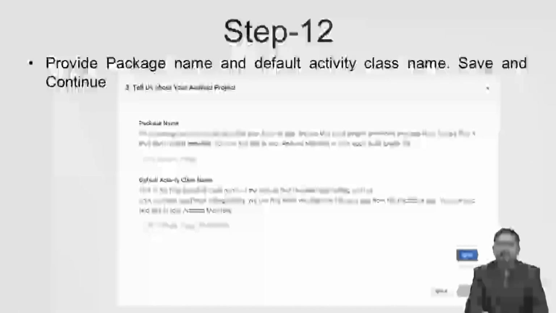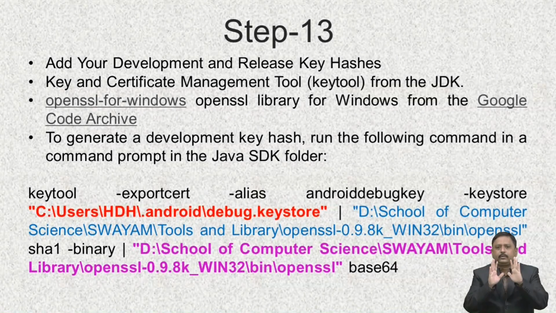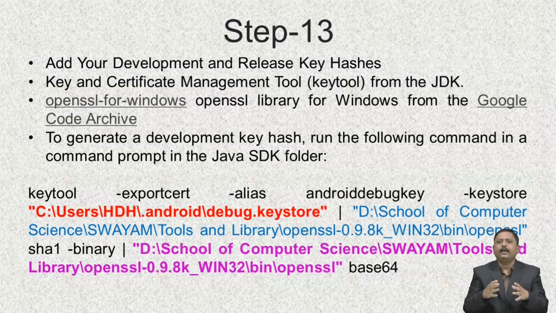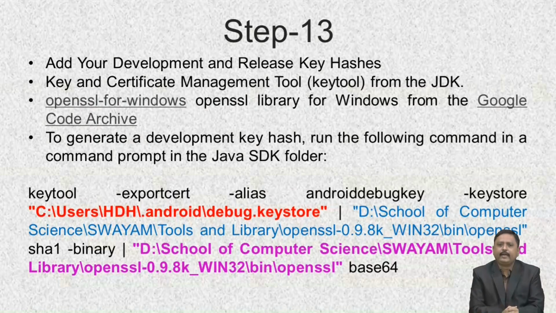Then you can continue by clicking on the Continue button shown at the bottom. The next step is to add your development and release key hashes. Now this is somewhat technical. For this you must have the Java Development Kit installed on your system, and there is a key and certificate management tool, keytool, that you have to use.